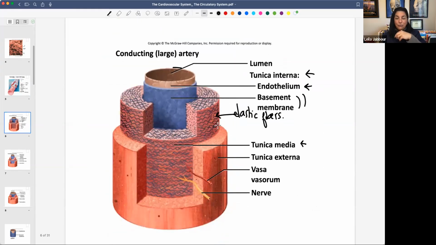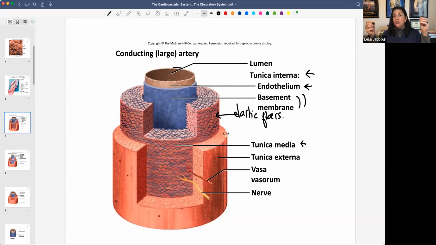So in that thick tunica media muscle layer, we have elastic fibers. And that's different from what we've learned so far. We've never seen elastic fibers dispersed in the smooth muscle, but that's the arrangement here. We have smooth muscle cells, and in between, we have elastic fibers dispersed throughout. That's very important because elastic fibers give the vessel its elasticity, and the property of elasticity is the ability to recoil after being stretched.